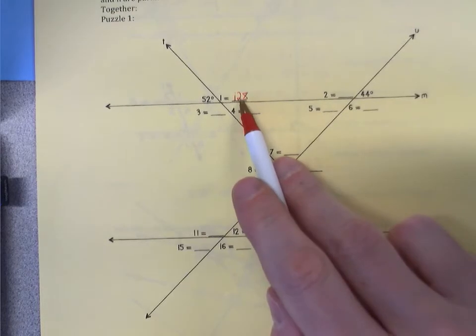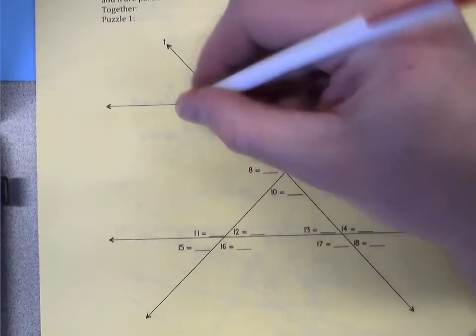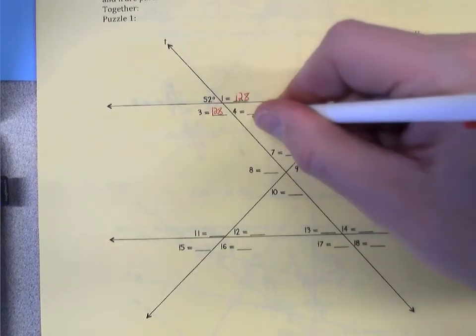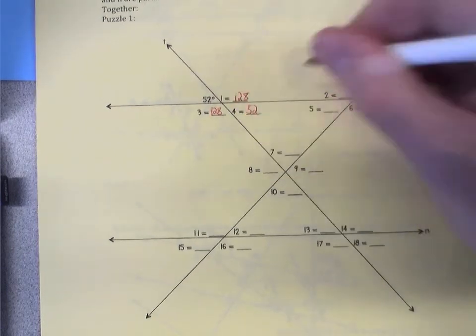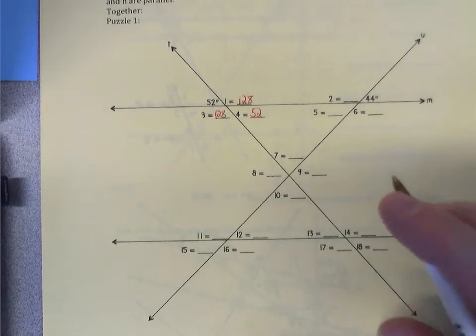Now that we know that this is 128, because of corresponding, we also know this one will be 128. And if this is 52, this one that's diagonal must also be 52. Okay? We know that's going to be true.